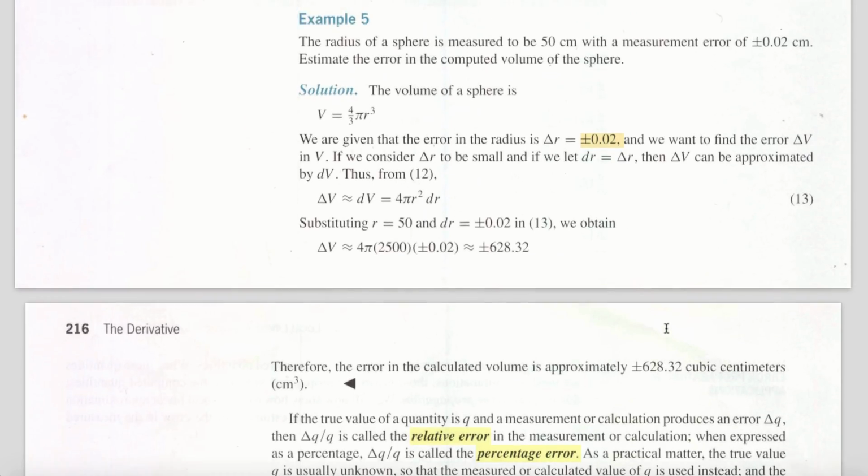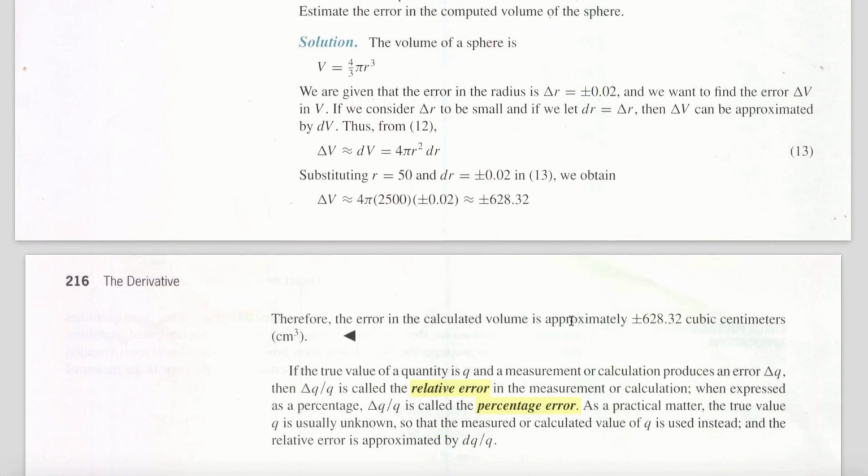That's why this error analysis is important. It would seem that being off in the radius by a small amount really wouldn't produce being off in the volume by a very considerable amount. But we would be wrong. We could actually be off by a very large amount in calculating the volume. And that's the value of error analysis.